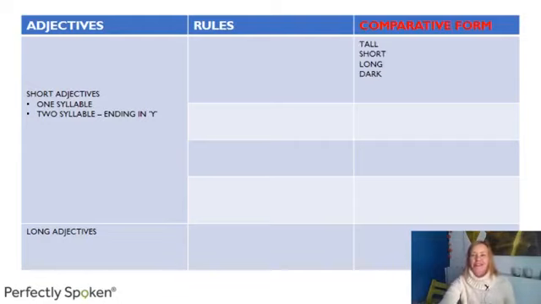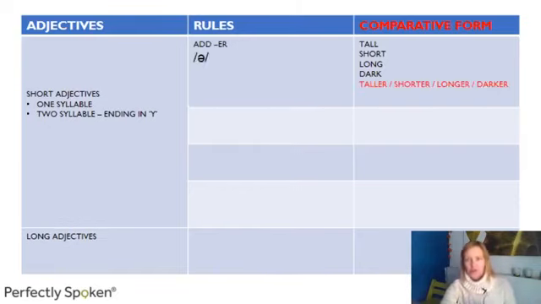Have a look at the table. So we've got the short adjectives, tall, short, long, dark. And you simply add ER when you're making a comparison. So you've got taller, shorter, longer, darker. And notice the ER is pronounced with the schwa sound. So it's taller, not taller, no. Taller, shorter, longer, darker.